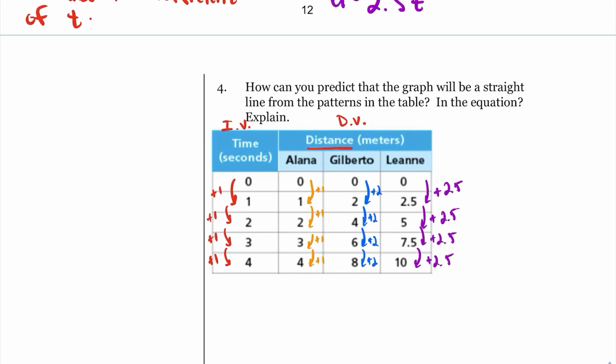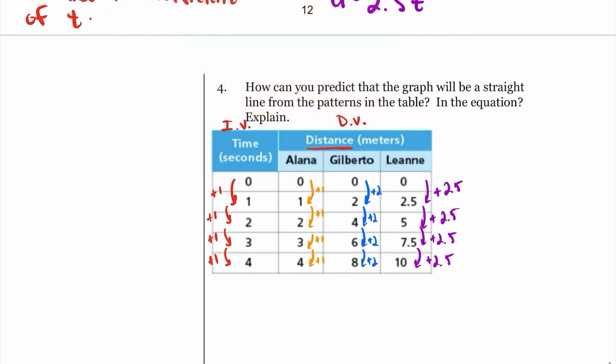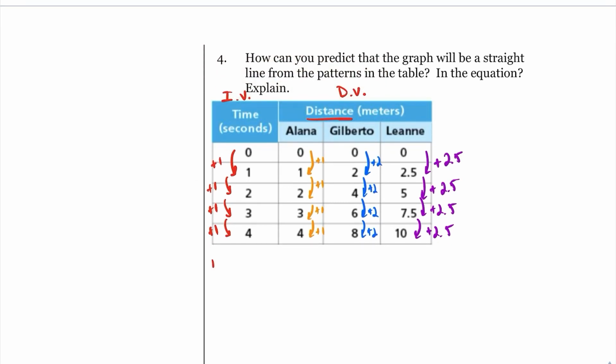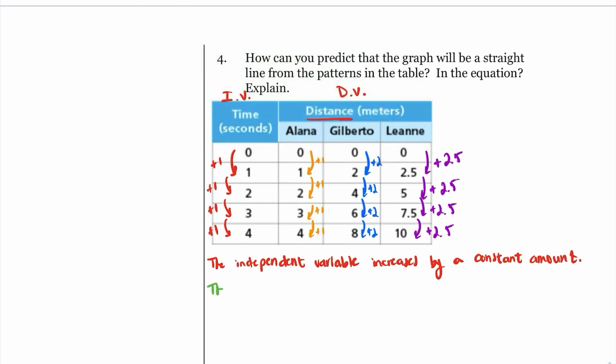So to be able to tell from a table whether or not it's going to be a straight-line graph, some of the things that we talked about is that the independent variable increases by a constant amount. That amount is not changing. And then simultaneously, the dependent variable changes.